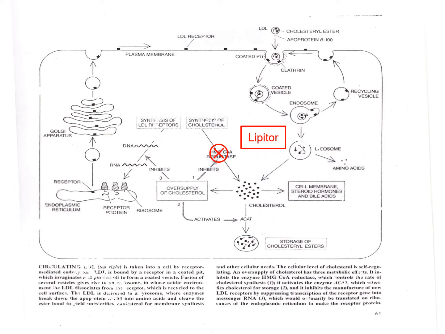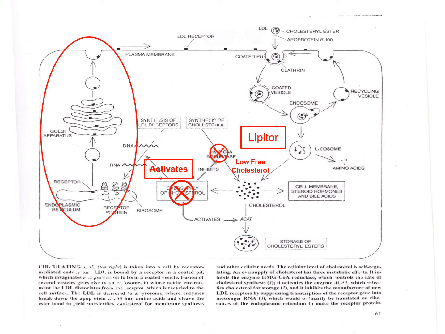But if you eliminate that ability, then what's going to happen is you're going to have low free cholesterol, and it's going to have the opposite effect of an oversupply of cholesterol, and it's going to activate this transcription translation of synthesis of LDL receptors, and it's going to make more LDL receptors. Therefore, you're going to increase the number of LDLs taken out of the blood.